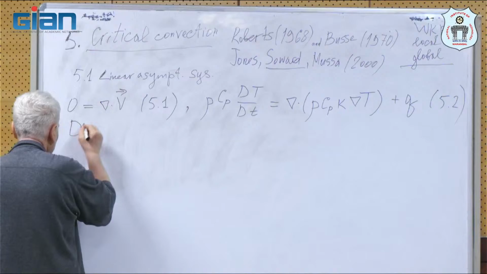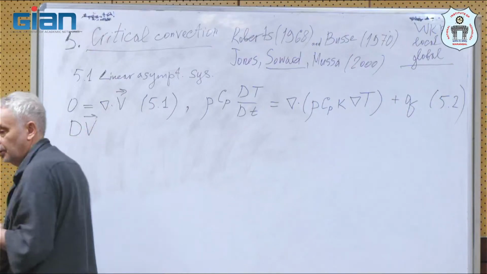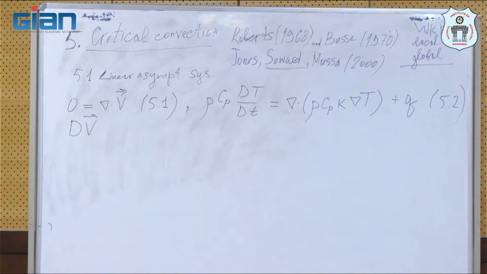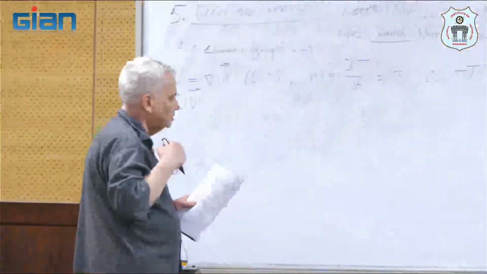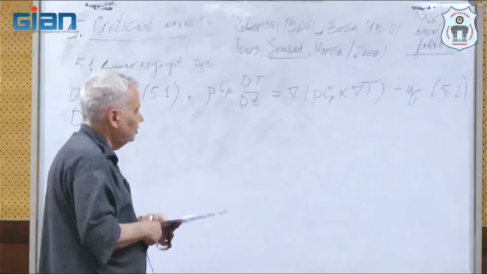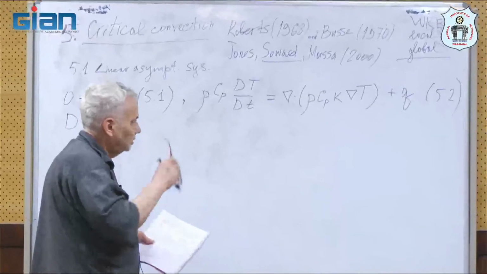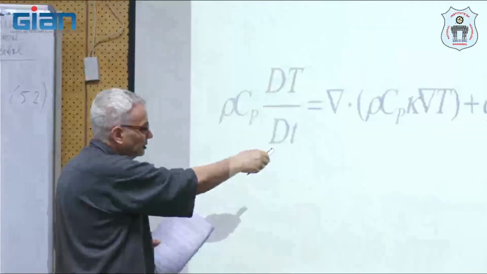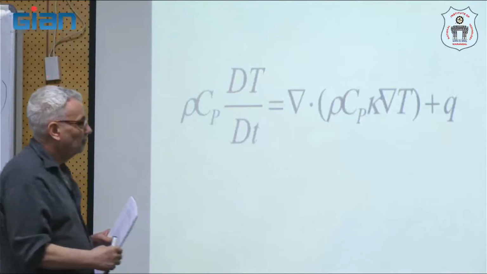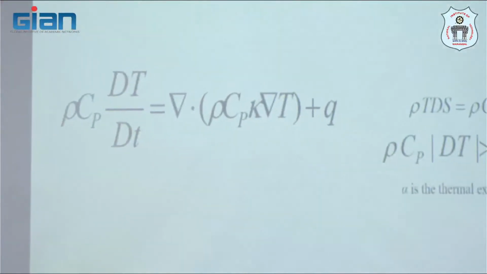In this case, it looks like this. Perhaps also an important thing happens here: to write down this equation as it was written here, it's necessary to suppose the following condition for the thermal expansion coefficient.